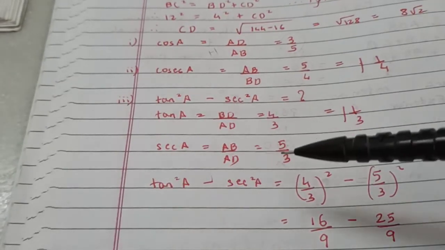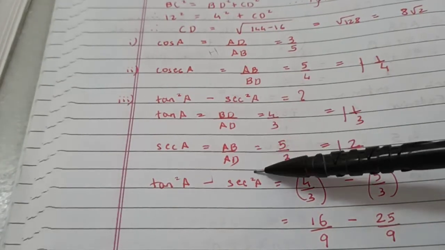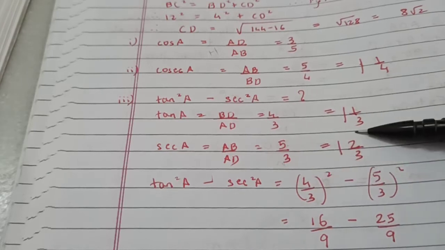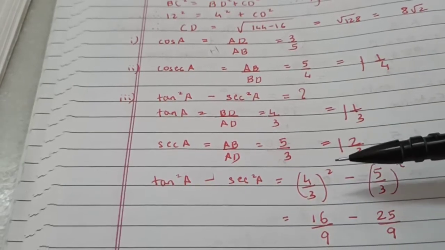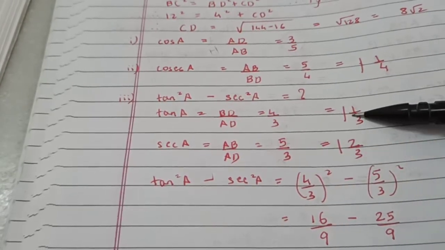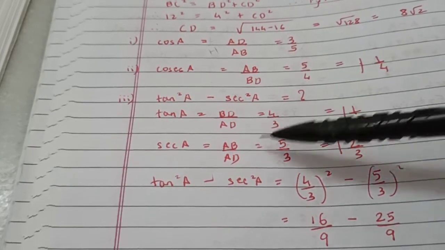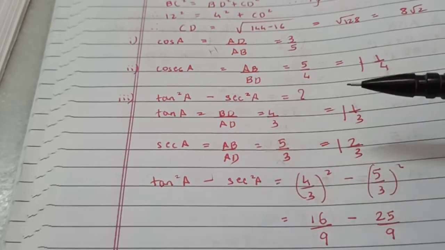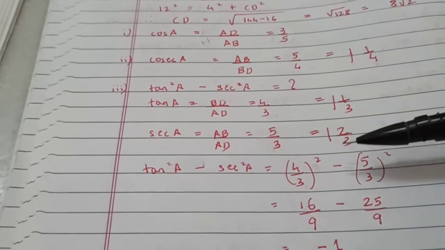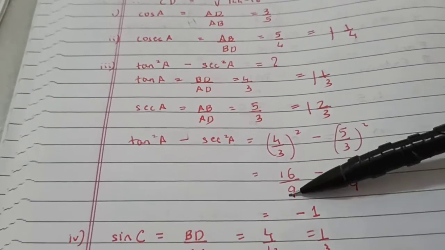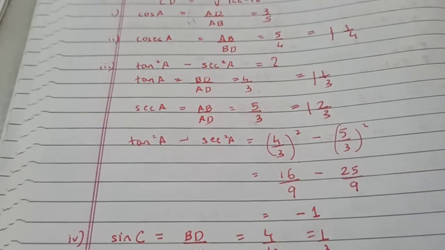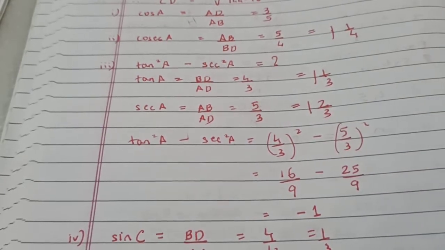So sec A would be AB upon AD, which is 5 upon 3 or 1 2 upon 3. Here it was not important to convert it into the mixed fraction because ultimately they want tan square A minus sec square A. So we substitute the values, we square them, denominator is same, and finally we get the answer as minus 1.